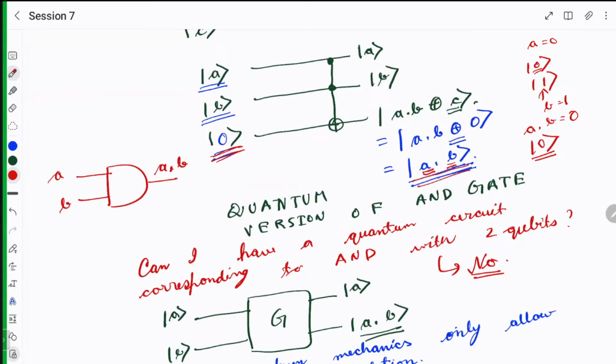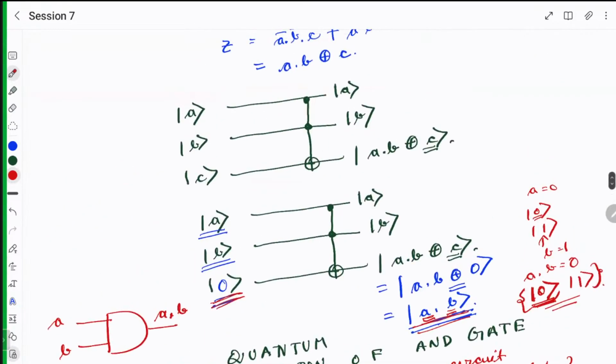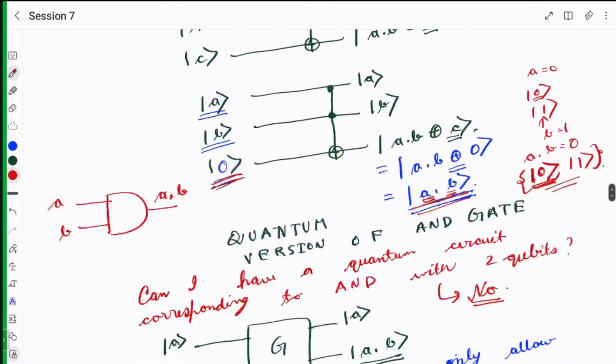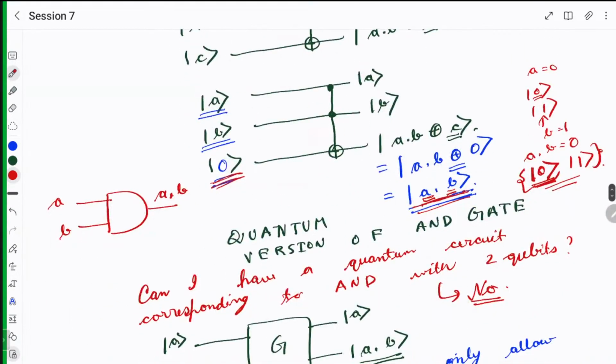Now ket 0 is normalized, part of my orthonormal basis ket 0, ket 1. These are the eigenvectors of sigma z, if you remember. So A into B is normalized. That's not a problem. In fact, in the Toffoli gate also, we are finally getting ket A into B.